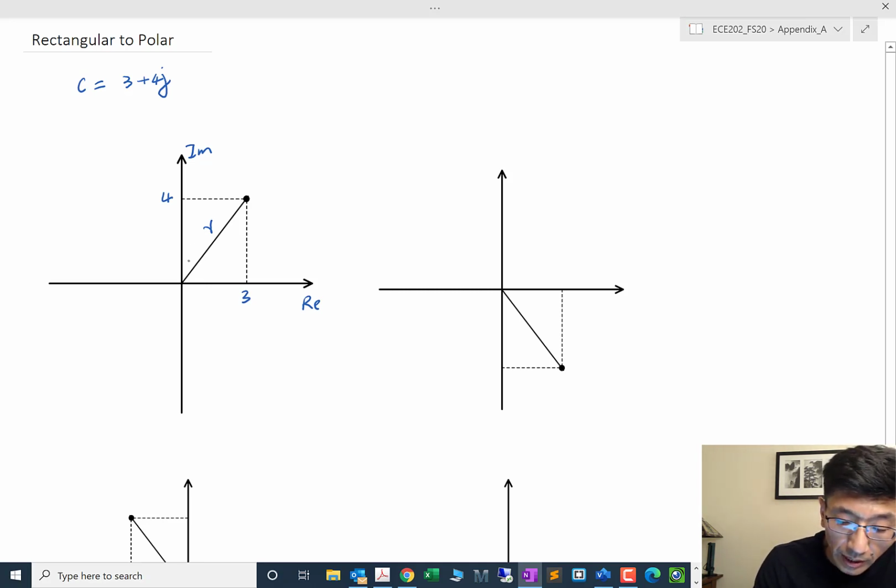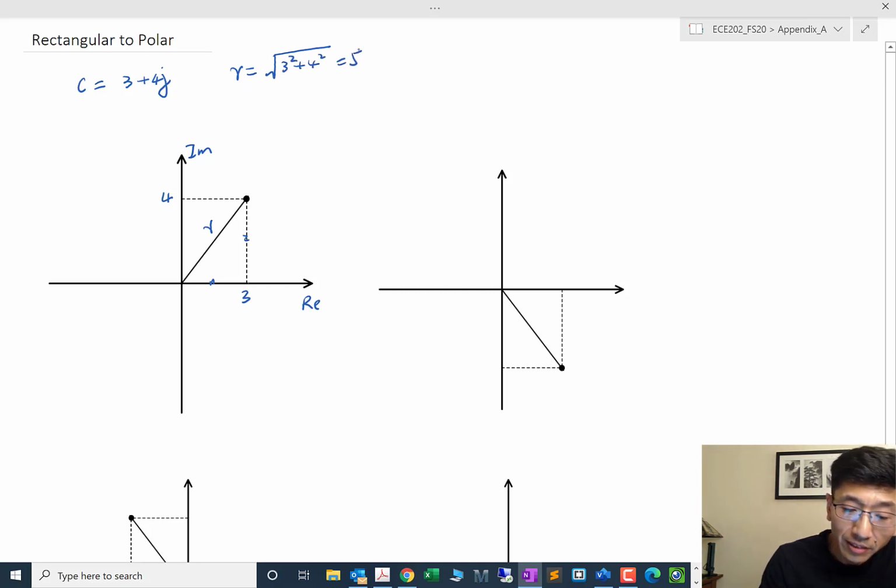The absolute value, you just use the square root of the length of this edge, which is 4, squared, and the length of this edge, which is 3, squared. So R would be equal to the square root of 3 squared plus 4 squared, that's equal to 5.